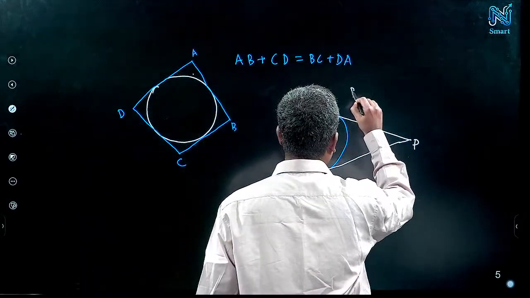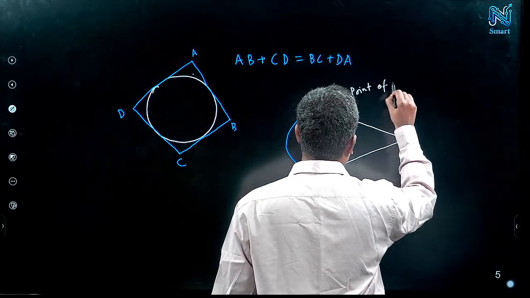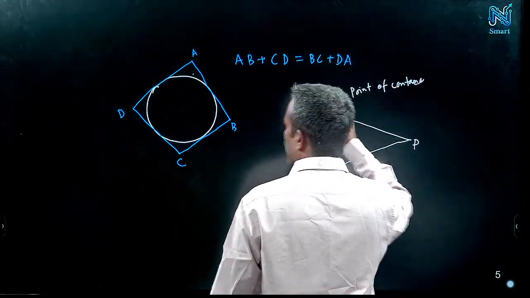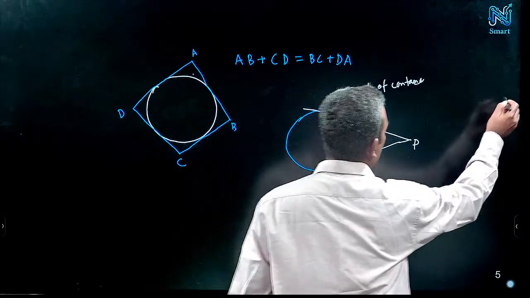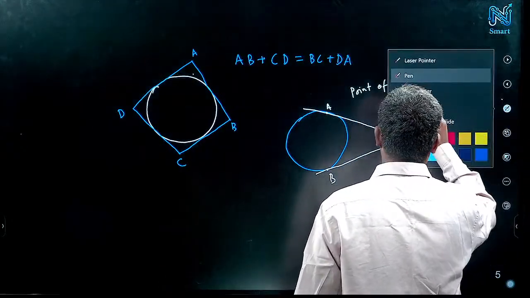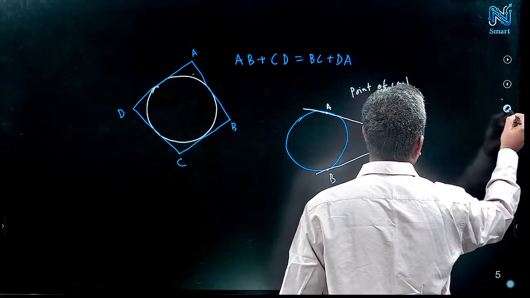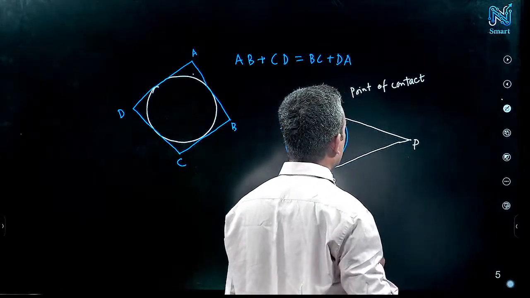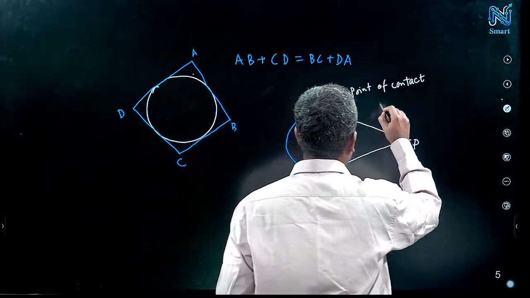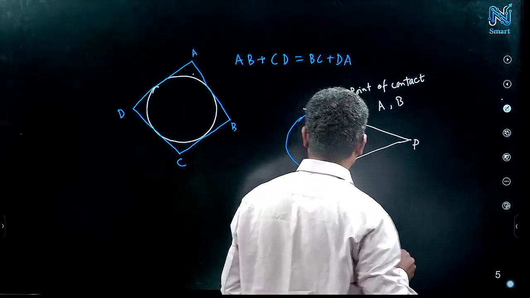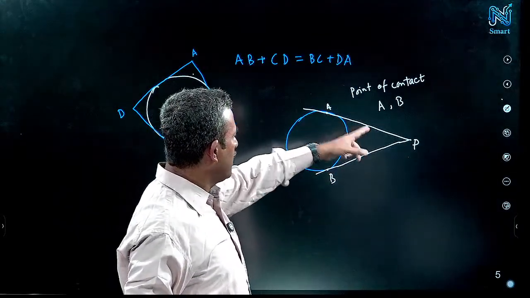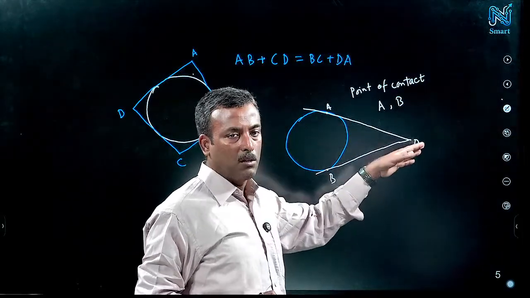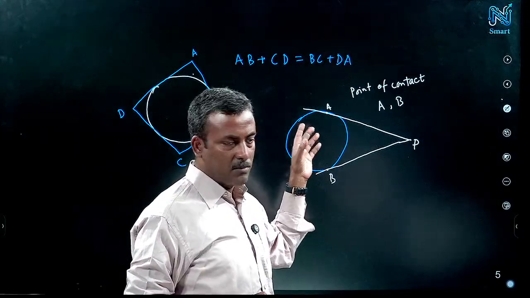PA is a tangent, where the point of contact is A, PB is another tangent, where the point of contact is B, and P is outside the circle. From inside you can't draw a tangent.